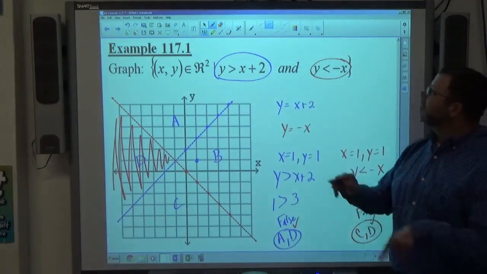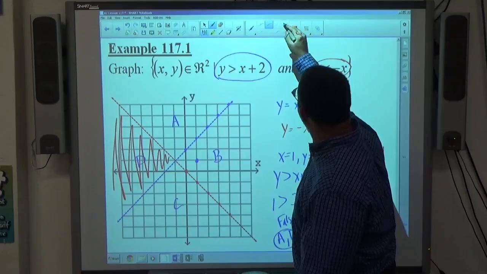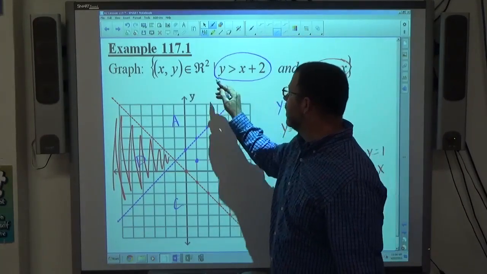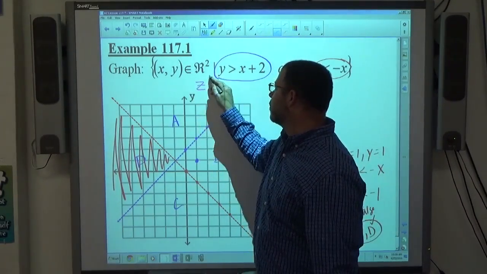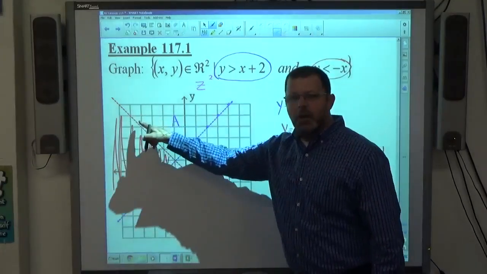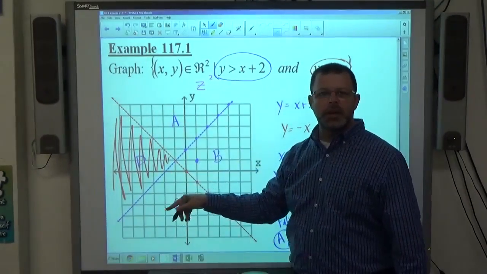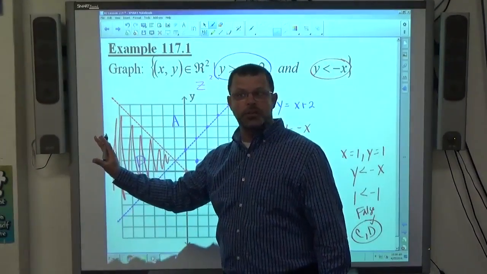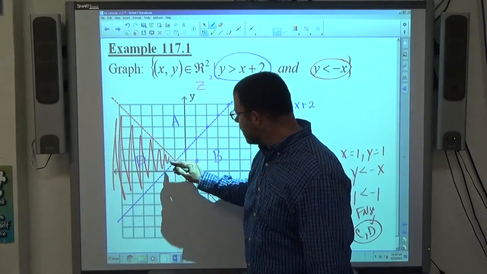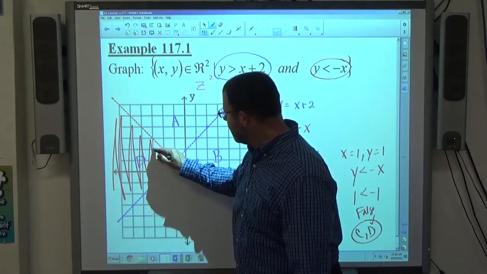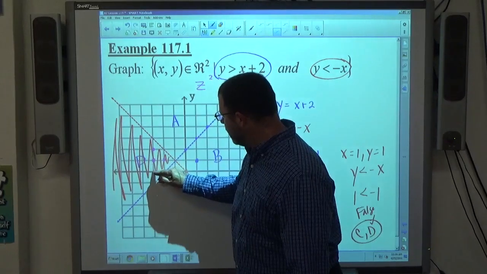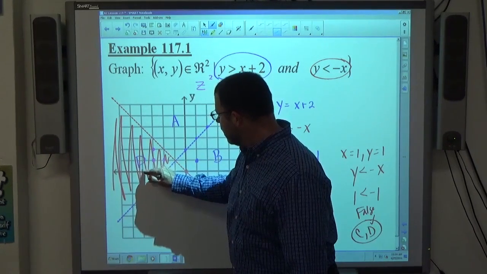And just to really reinforce what I'm talking about with this whole Z squared, if the problem had been this instead, Z squared, the red line would still be a dashed line, the blue line would still be a dashed line, D is still the true region, but instead of shading all that stuff, I would only be graphing the integer intersections like so.